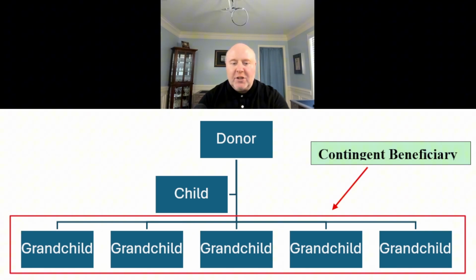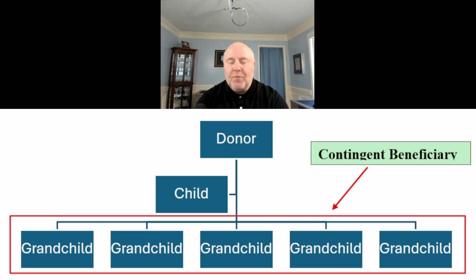Otherwise, any contributions that were made to this trust for each of the grandchildren, all the proceeds will go to the child according to the terms of the trust. So the likelihood of any of the grandchildren receiving anything is extremely low, right? It's pretty low that the child will predecease the grandchildren by the time the trust matures. So that's the direction that this is going.